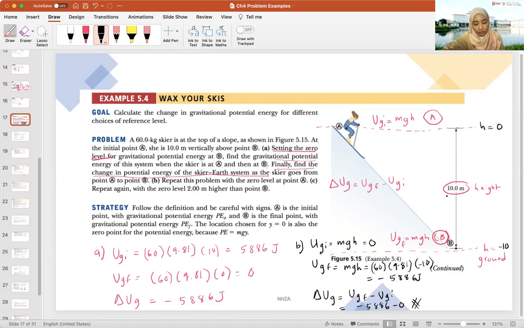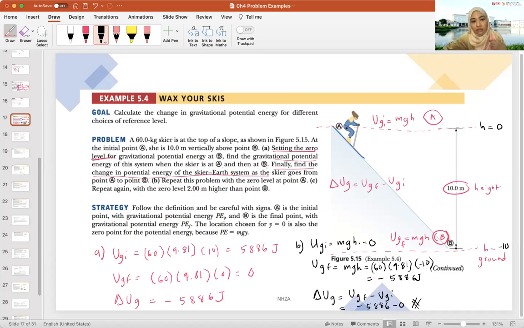Okay, so the change in potential energy is about relative energy. The energy at point A is relatively greater than the UG at point B, because point B we saw is minus 5886 and UG initial is 0.